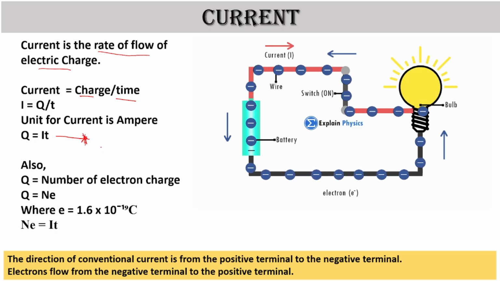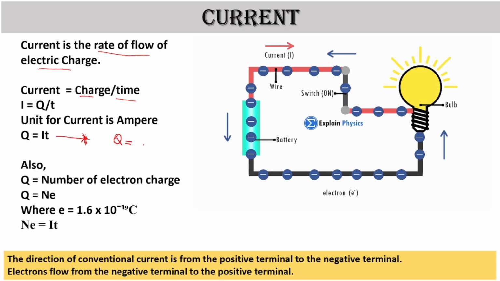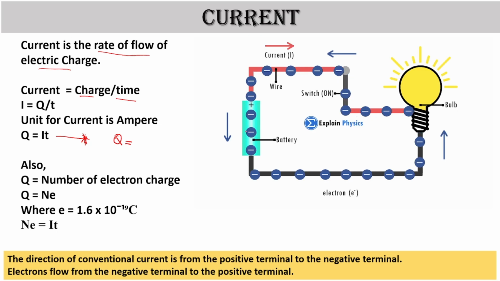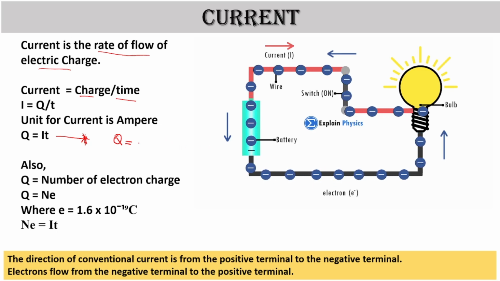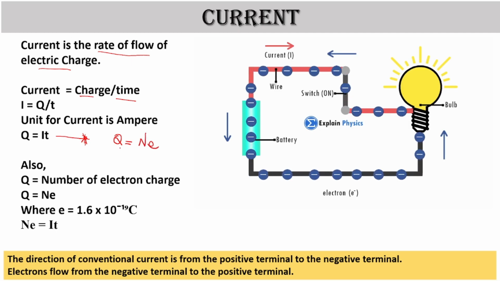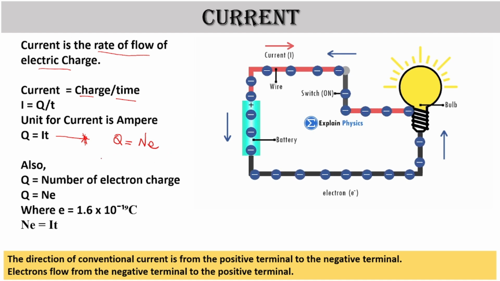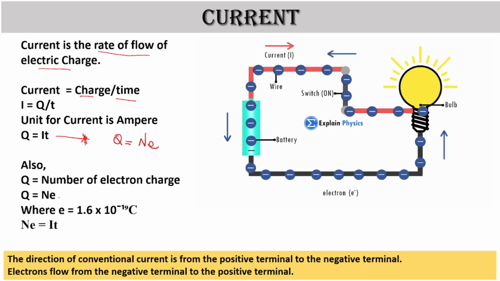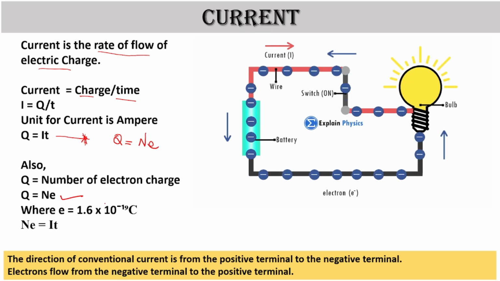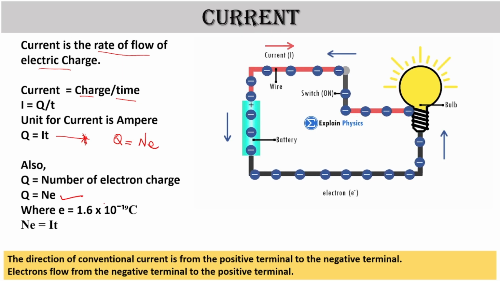It is very important for you to know as well that the charge we are talking about here is the number of electrons that flow through this circuit whenever we put on our lights. That means N times e is the same thing as charge. So instead of just writing Q equal to IT, we can write Q equal to Ne, where N is the number of electrons and e is the electron charge.